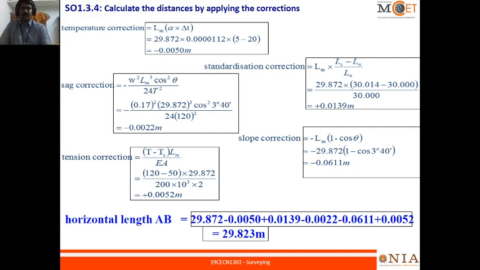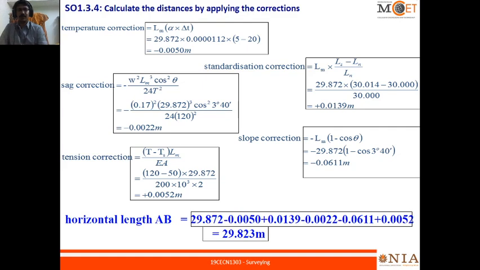So the temperature correction, we know the formula, that is the measured length into alpha, the coefficient of temperature, into the difference between the temperatures. The difference between the temperatures, as already mentioned, is the temperature in the field minus the standard temperature, T minus T naught, right? So here the error is obviously negative. So 29.872 is the measured length into the coefficient of expansion for a steel tape.